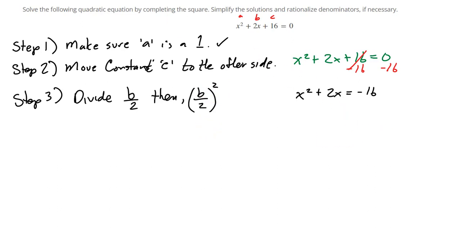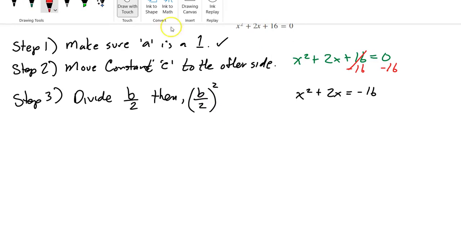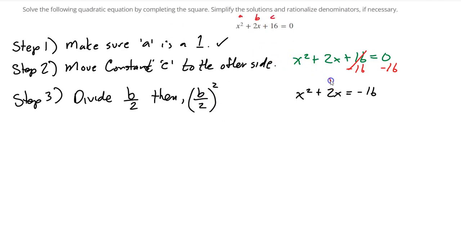So look, my b in this case is 2. I'm going to divide b by 2. So here we can say 2 divided by 2 equals 1. Well, that 1, I'm then going to square it, which of course in this case is going to equal 1.